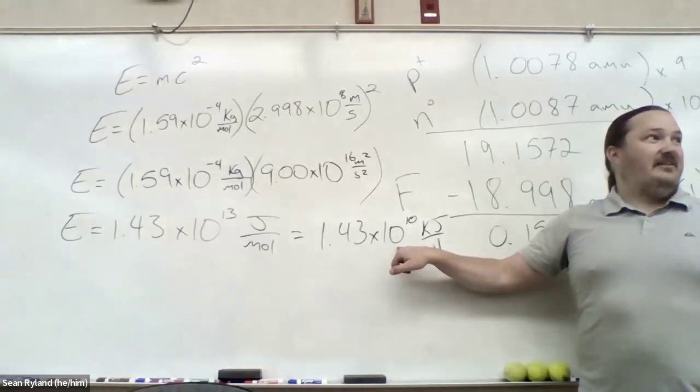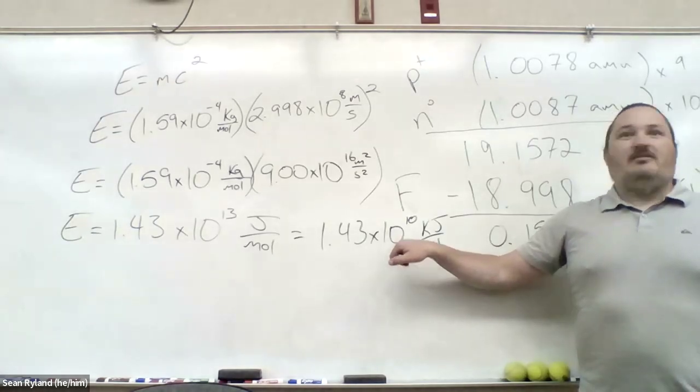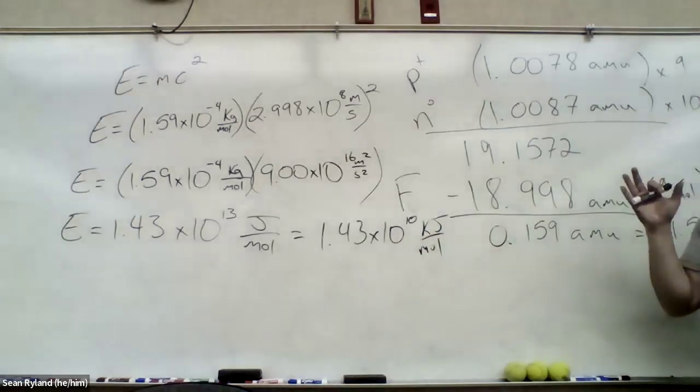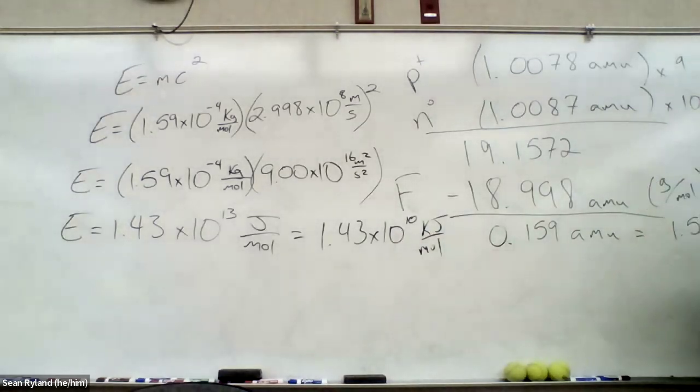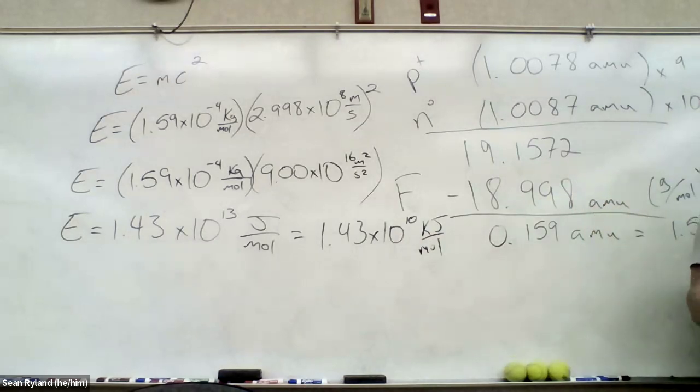The combustion of gasoline is about 2,000 kilojoules per mole. We're wildly different scales when it comes to the amount of energy. There's a reason why nuclear weapons and nuclear power plants are on a whole different scale compared to any sort of combustion or any other standard chemical reaction. It's not even close.